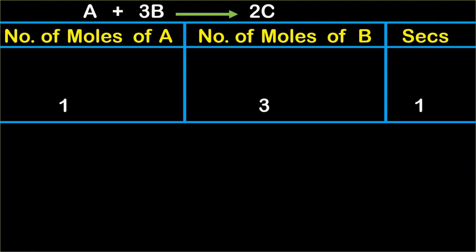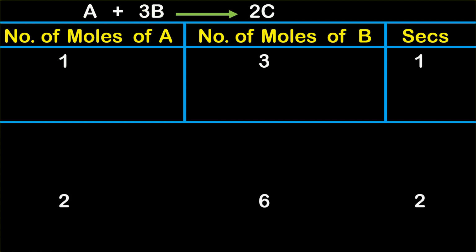Let's say after 1 second, 1 mole of A gets consumed. If 1 mole of A gets consumed, how many moles of B have to get consumed? Obviously 3 moles of B will get consumed. Am I right? If 1 mole of A gets consumed, along with that 3 moles of B have to get consumed.